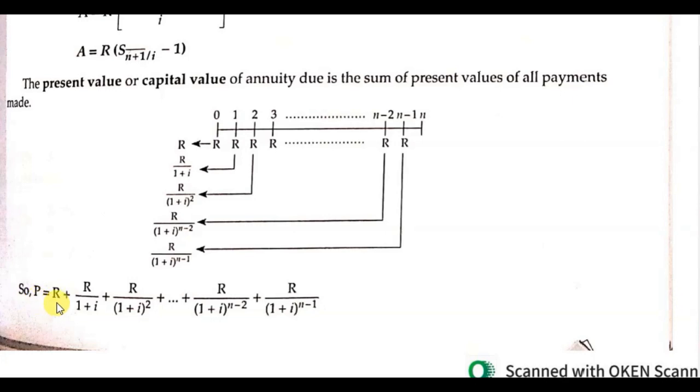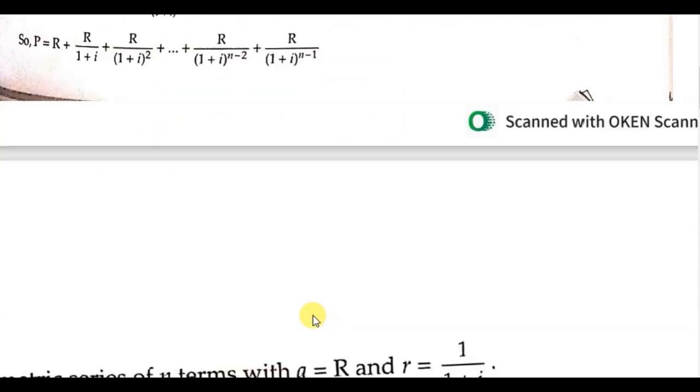So for getting the present value, we will add all these present values together. The first term R, next R by 1 plus I, R by 1 plus I whole square, and so on, up to R by 1 plus I power n-1.